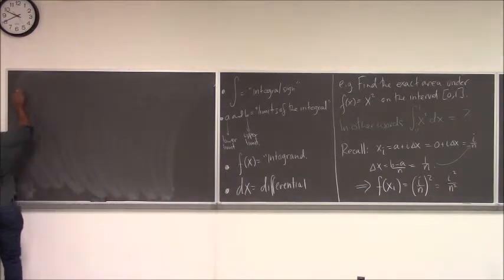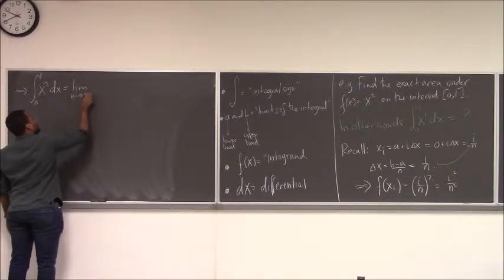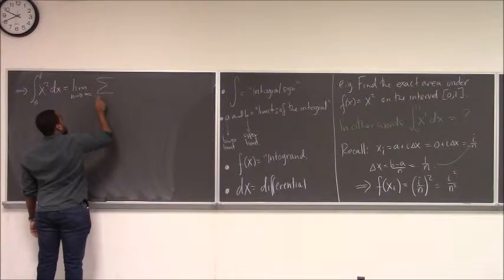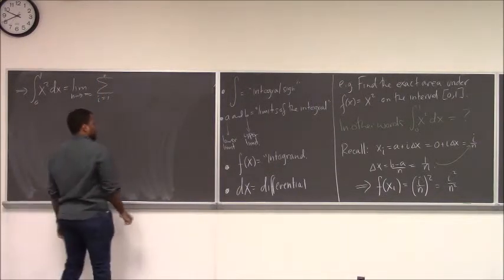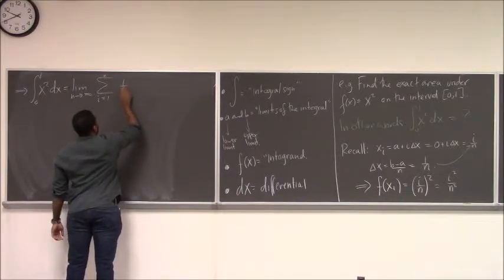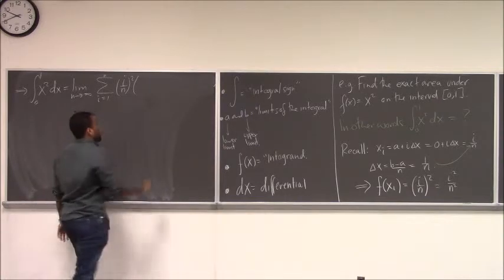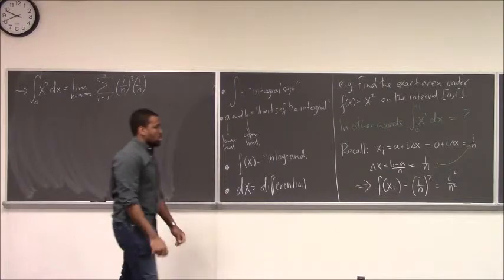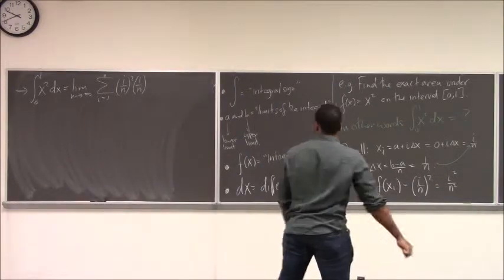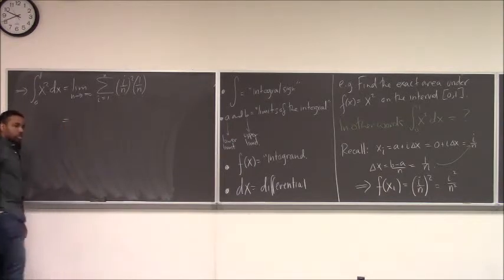And so this would mean that I can compute this quantity by taking the limit as n approaches infinity of the summation that goes from 1 to n of f of xi, which is this, times my delta x. So how do we go about computing those?